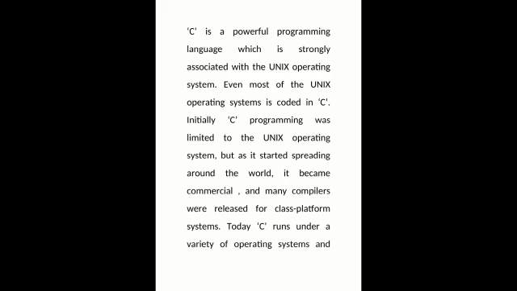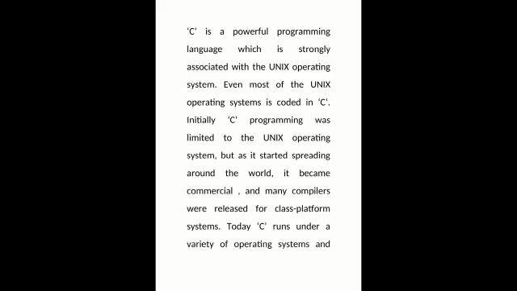Initially, C programming was limited to the Unix operating system. C was developed to make the Unix operating system, but as it started spreading around the world, it became commercial and many compilers were released for various platform systems.